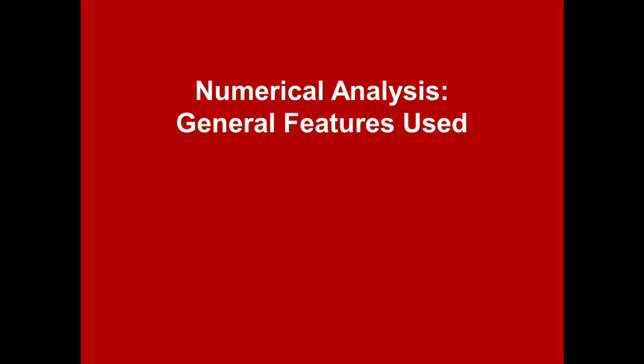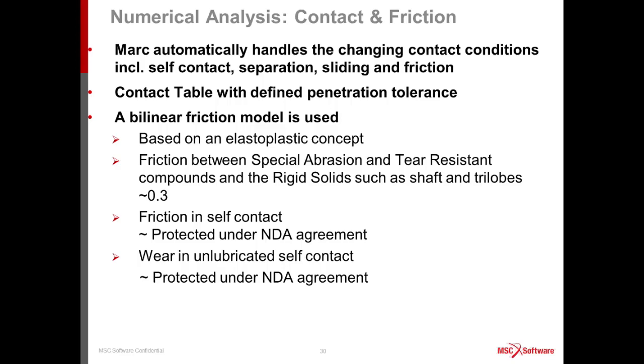So here's some more general analysis features used for boot simulations. We let Mark again handle self-contact, sliding and friction. We use a new function in the contact table called penetration, which is a new feature for 2013. We also used again the bilinear friction model.